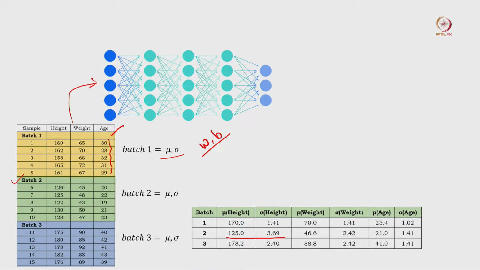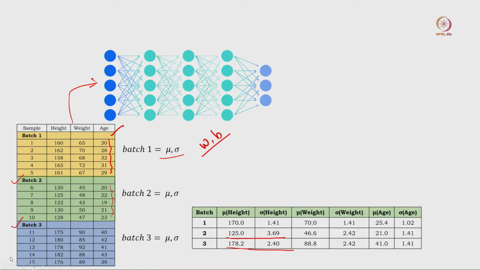So the network has to readjust again. Then you pass the third mini batch, which again has a different mean and standard deviation, and whatever it has learnt has to be readjusted again. So, this is the problem.